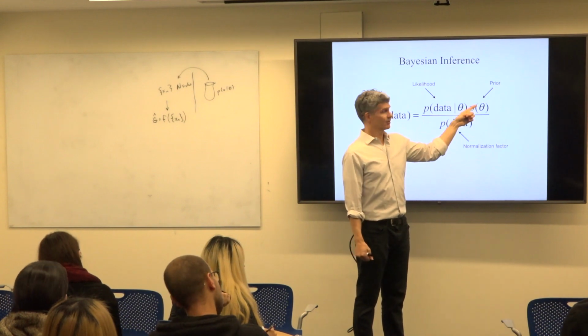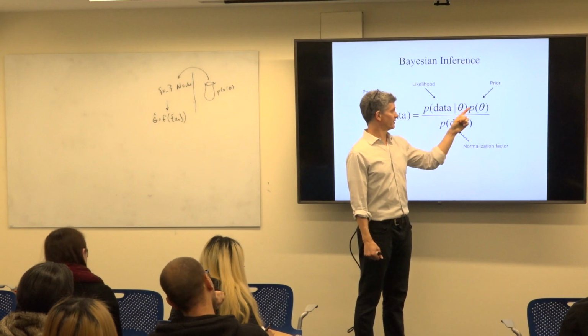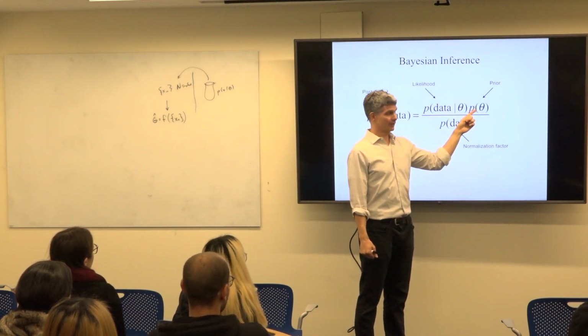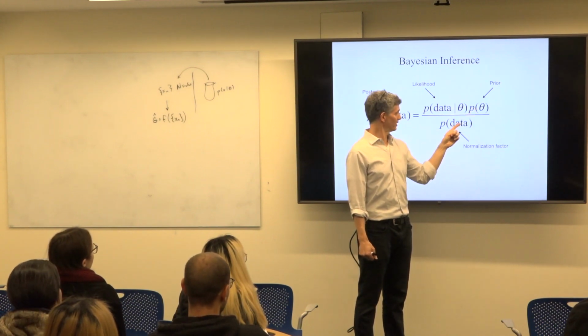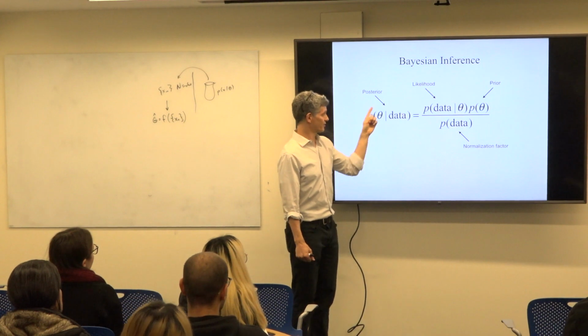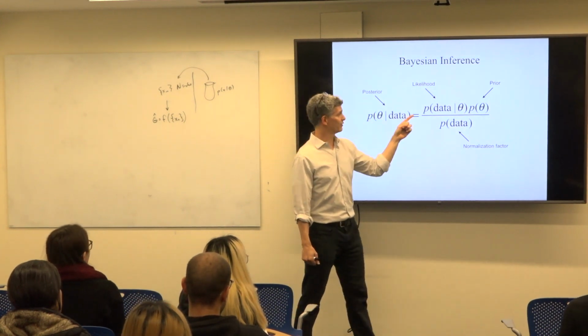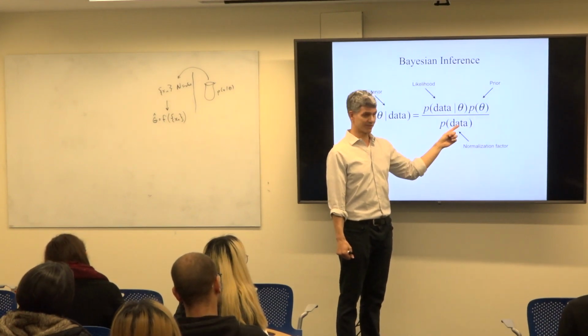After we make measurements, we've got this, the likelihood. We multiply the likelihood and the prior. And when you multiply the likelihood and the prior, you have to normalize them. What you'd like to do is to take a slice through it. That is, you want to conditionalize on the data. And the way you do that is you have to normalize the joint distribution that's in the numerator, and that's what this is.